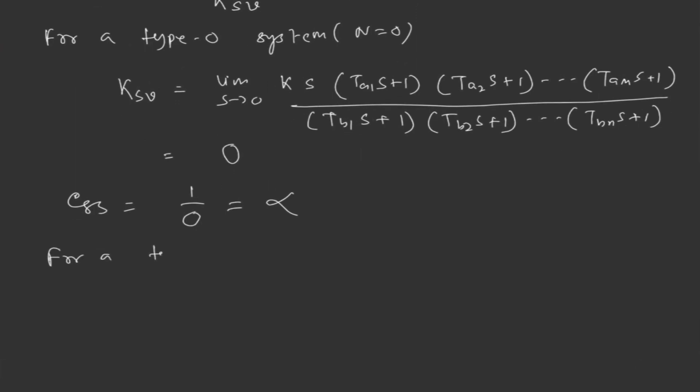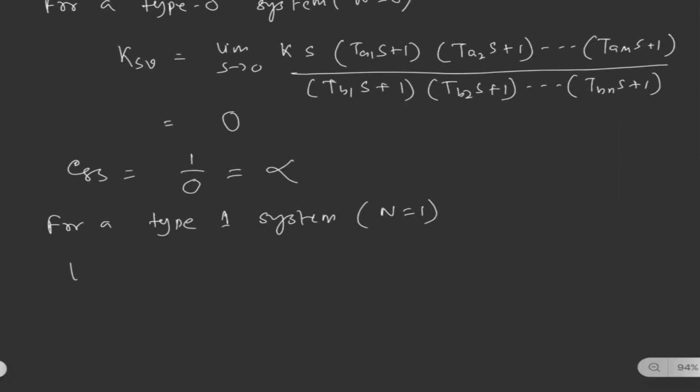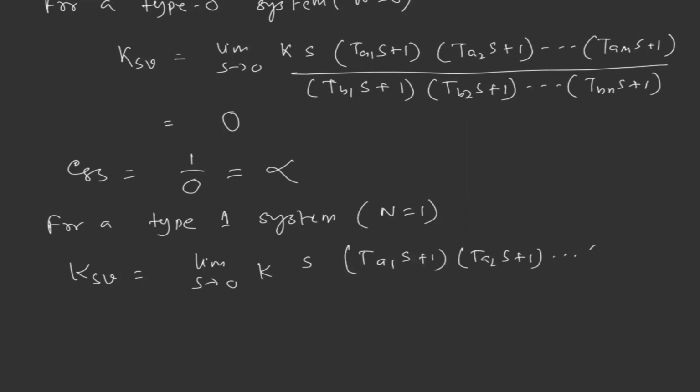Now let's look at the type 1 system, where n equals 1. KSV we can write as limit s tends to 0 of K s (Ta1 s plus 1)(Ta2 s plus 1)...(Tam s plus 1) divided by, since this is type 1 system, there is one pole at origin, so we can write s (Tb1 s plus 1)(Tb2 s plus 1)...(Tbn s plus 1).